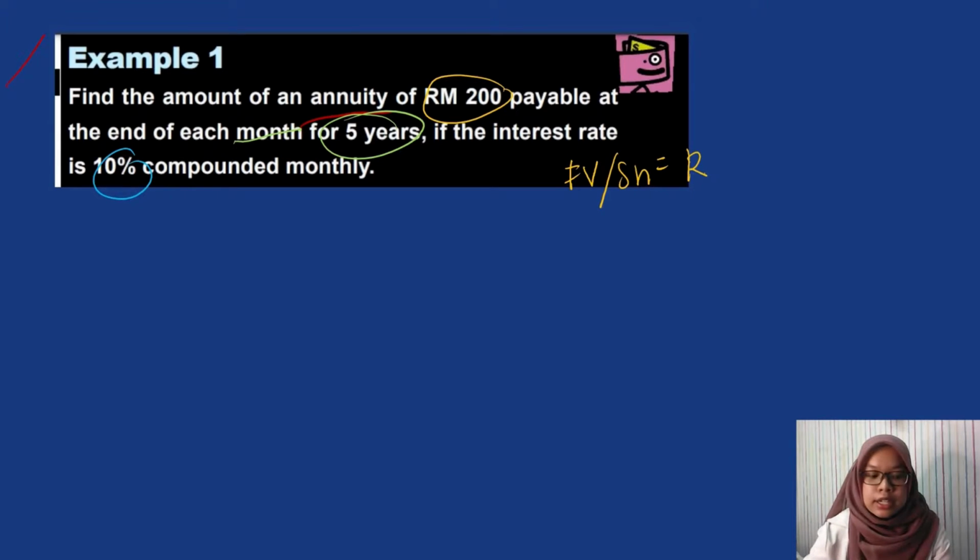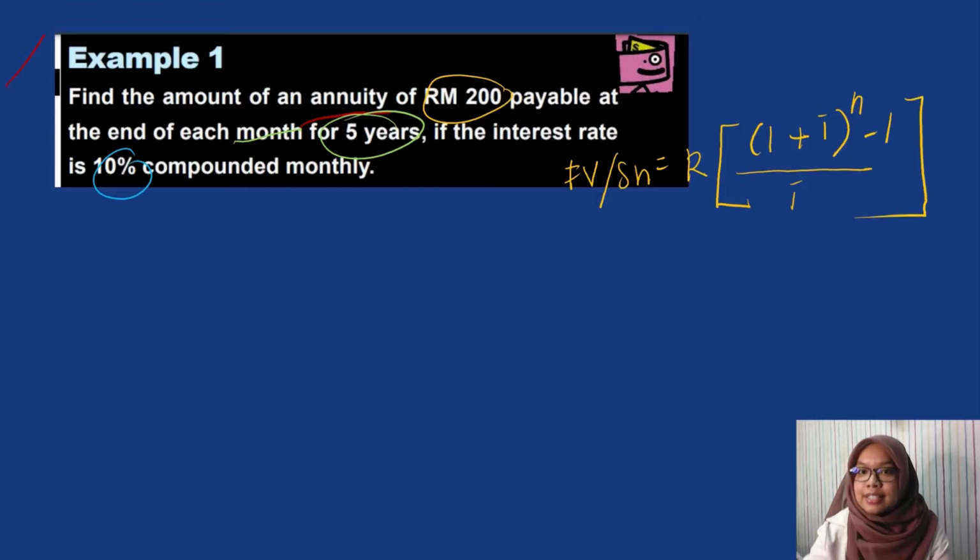So R times 1 plus the interest rate to the power of n, minus 1, divided by i. This is the formula for the future value annuity.